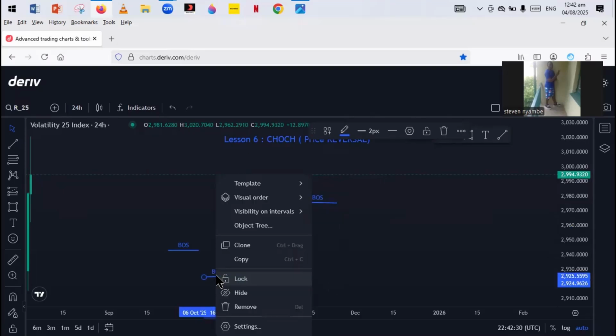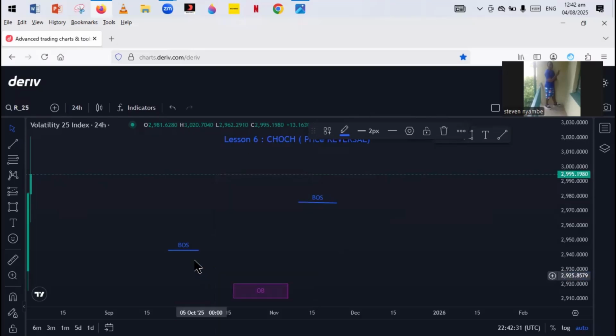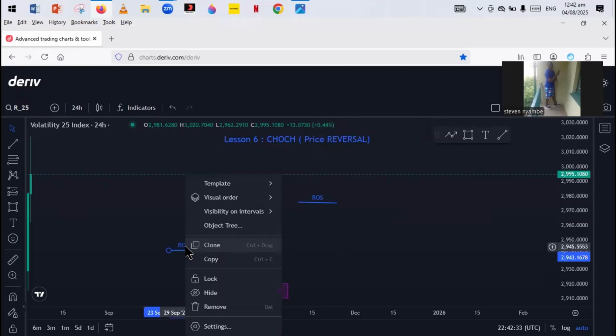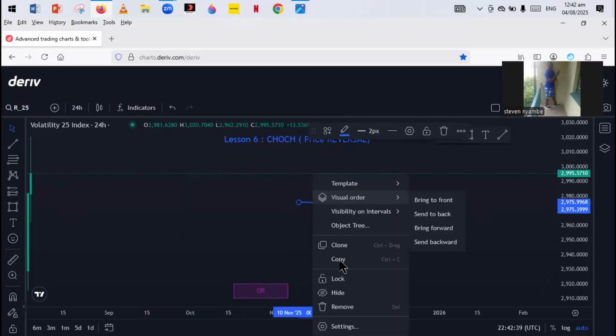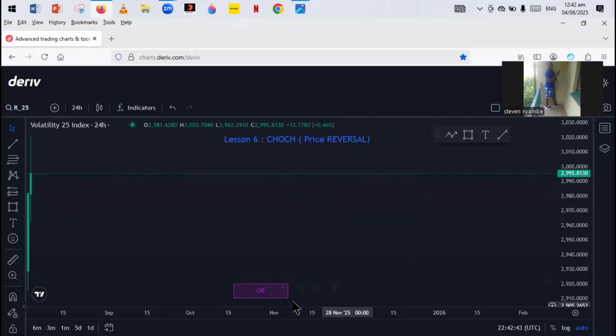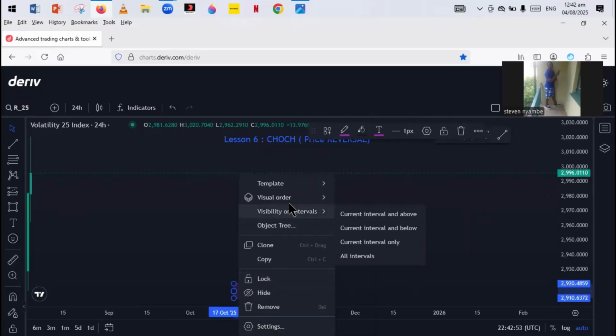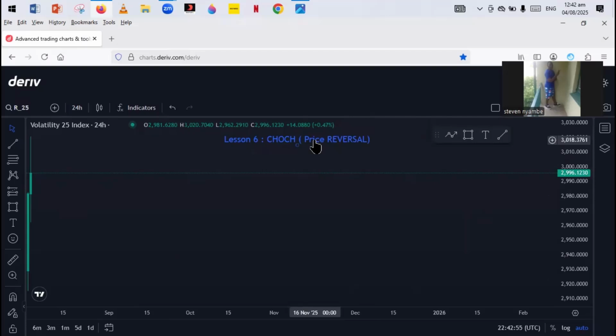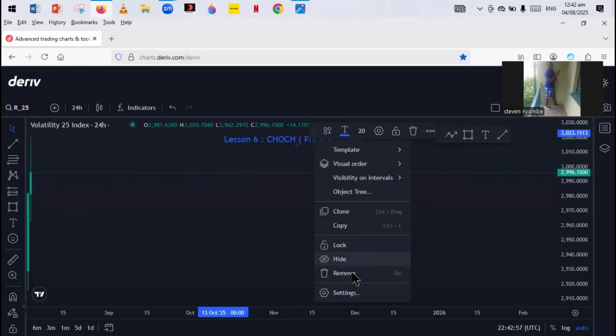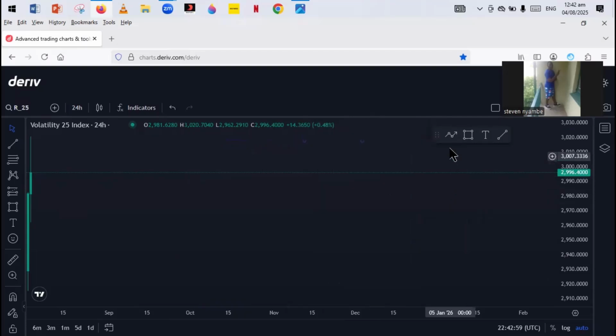Second scenario, where price is changing bias from buying to selling. From buying to selling.